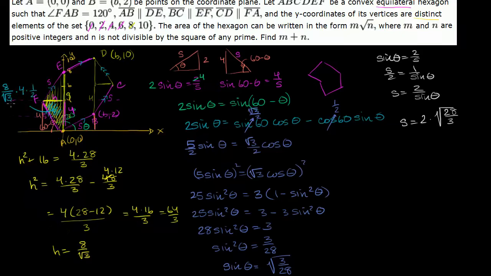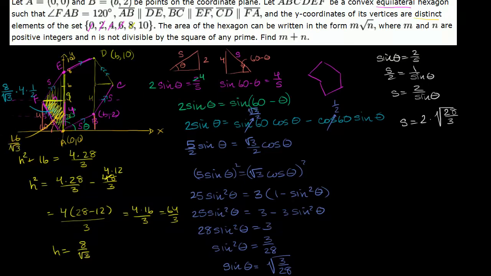So this guy is just going to be 2 times 8 over the square root of 3, or 16 over the square root of 3.